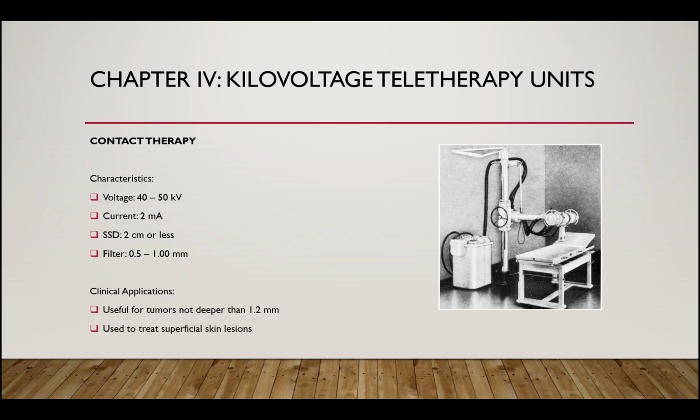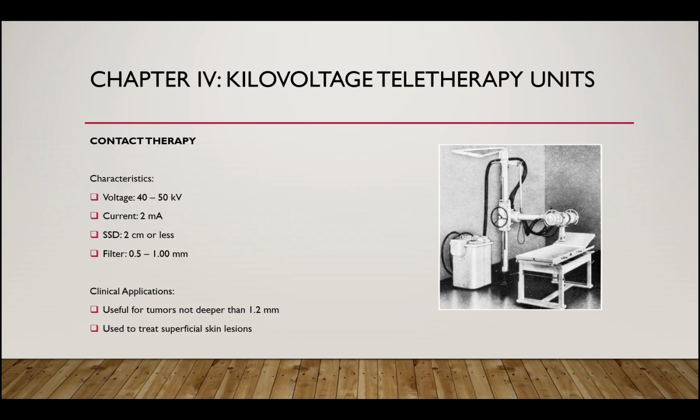Okay, so for contact therapy, we are also using 0.5 to 1 millimeter thick aluminum filter, and it is usually interposed in the beam. It is interposed in the beam, and it absorbs the very soft or the very low energy rays in the beam that are not useful for the treatment process.